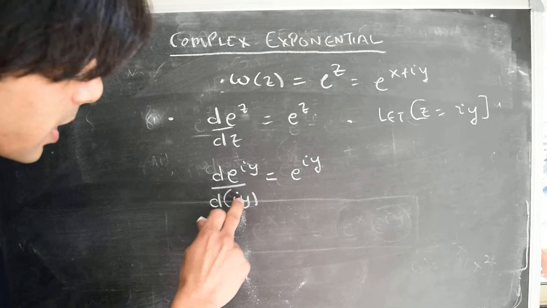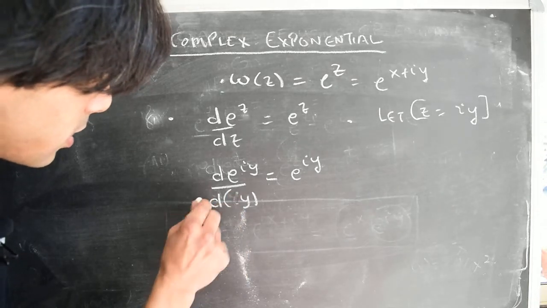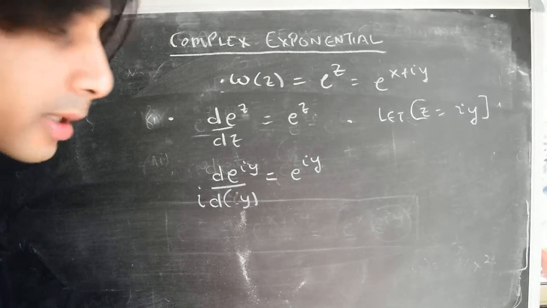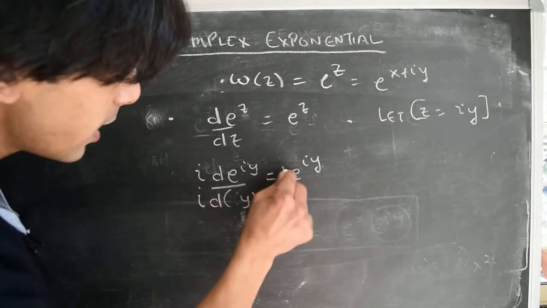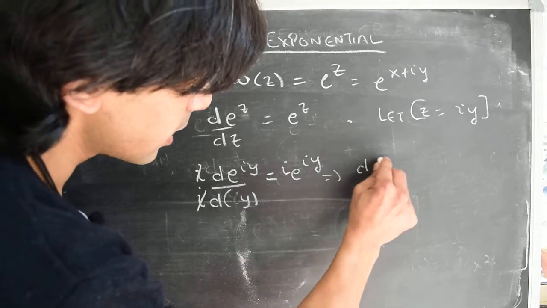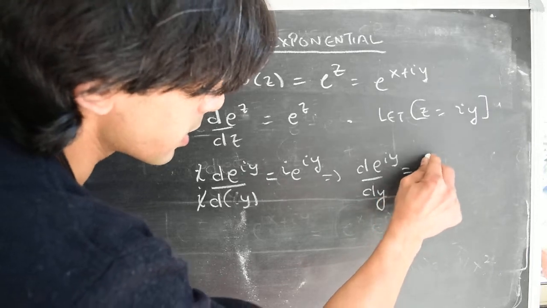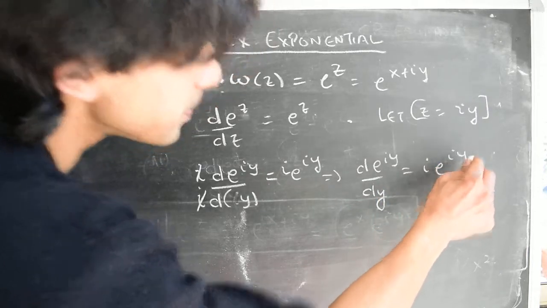But i is just a constant, so we can take it out of the derivative, so it comes out in the denominator here, and then we can multiply both sides by i, so it cancels, and what we have is that d e to the power of iy with respect to y is i times e to the power of iy.